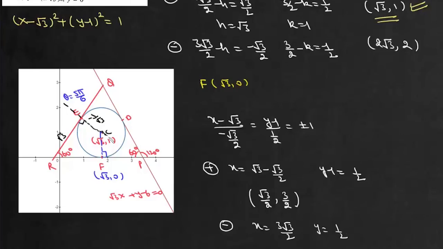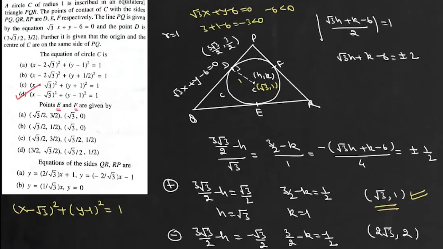So basically there will be 2 points. This is E dash. I will discard E dash. We need this point E, and this point E will be root 3 by 2 and 3 by 2. So that's your point E. So the coordinate of this point E will be root 3 by 2, 3 by 2, and F is root 3, 0. That means the correct option is option A, root 3 by 2, 3 by 2, and root 3, 0.